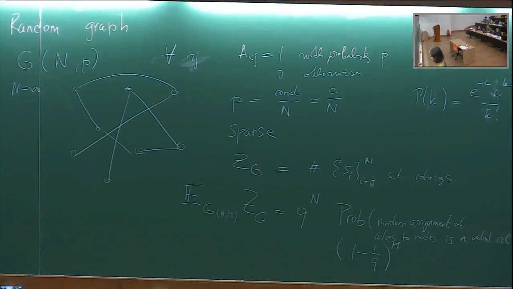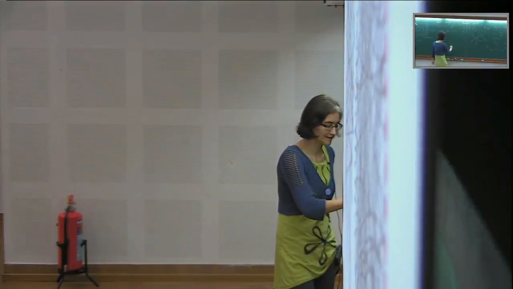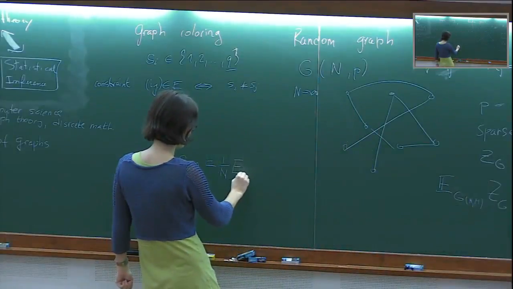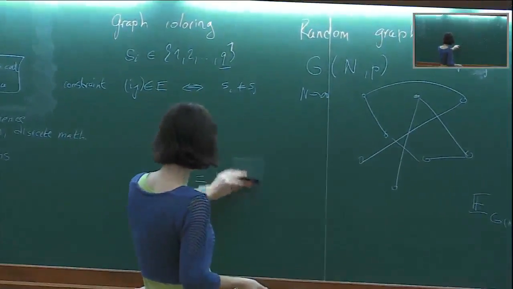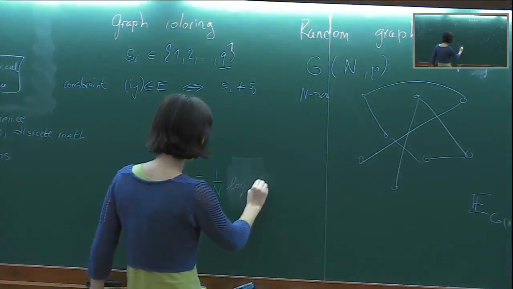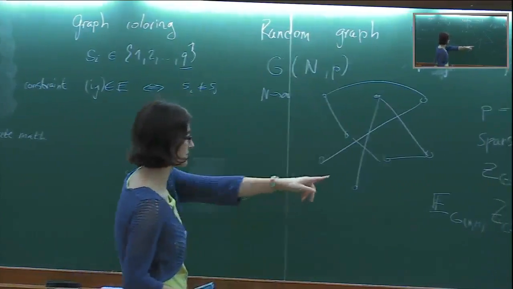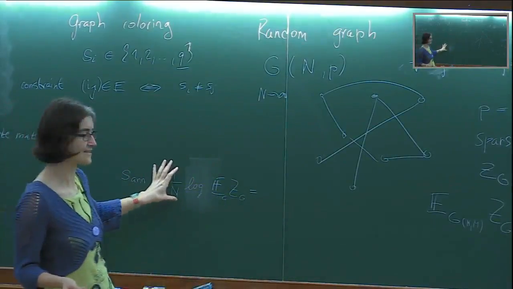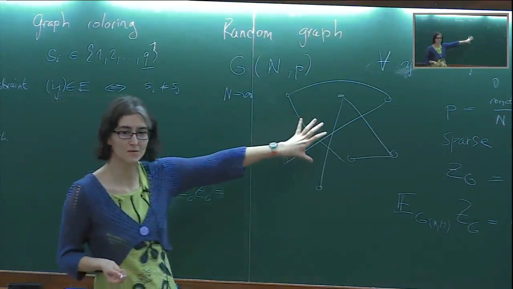So let's define something familiar in physics. I will call it the annealed entropy. I've anticipated this will be kind of a partition function. So the annealed entropy is the logarithm of the expectation of the partition function over the graph G. Because entropy, as usual in physics, is an extensive quantity, we divide by the volume, which here will be the number of nodes.